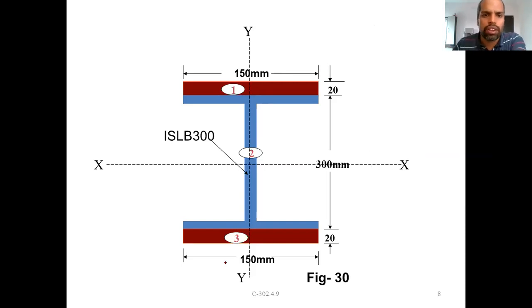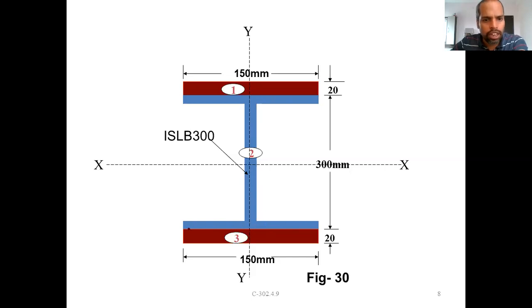How to calculate the moment of inertia? It is the moment of inertia about the centroidal x-axis of the entire built-up section; the capital X-axis is the centroidal x-axis of the entire section, and y-y is the centroidal y-y axis of the entire section. As per the procedure we discussed for built-up sections, this I section shall be taken as a single section because it is a rolled steel section.